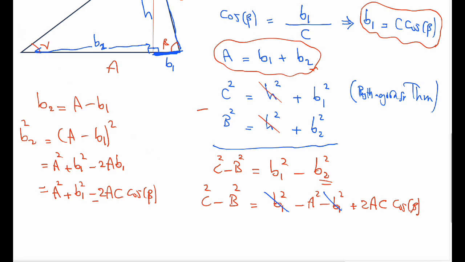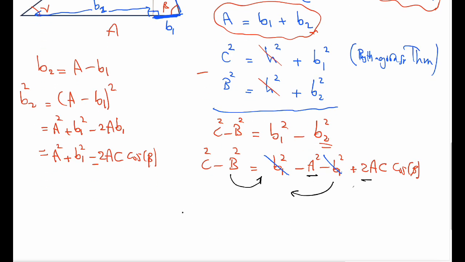If we rearrange these terms, transferring them to the other side, what you get is b squared equal to a squared plus c squared minus 2 times a times c cosine beta.